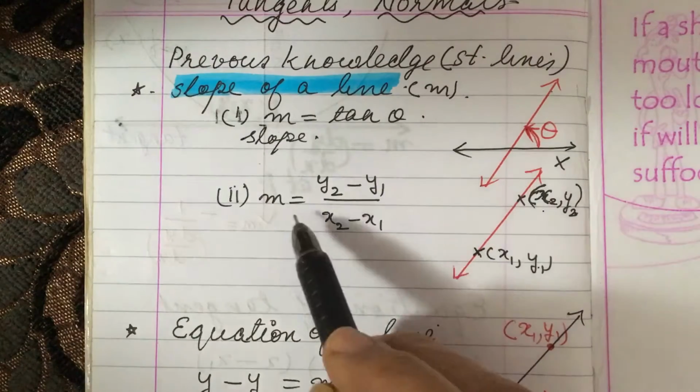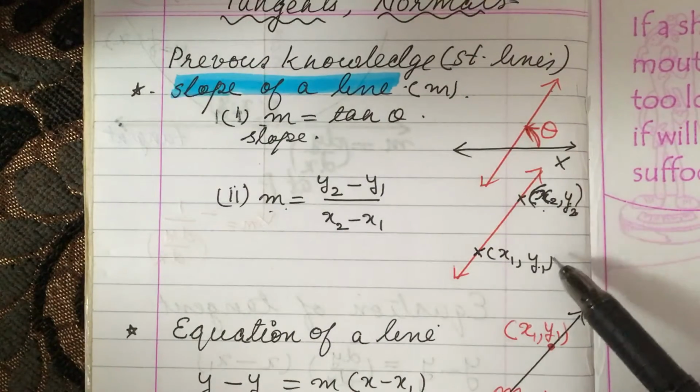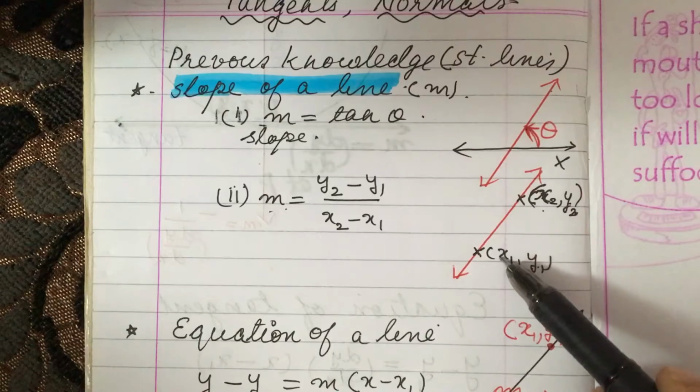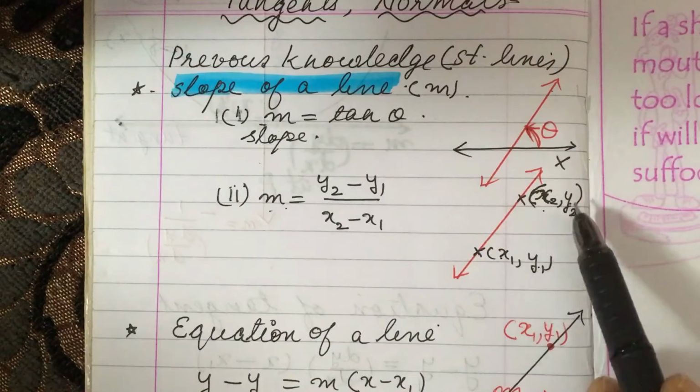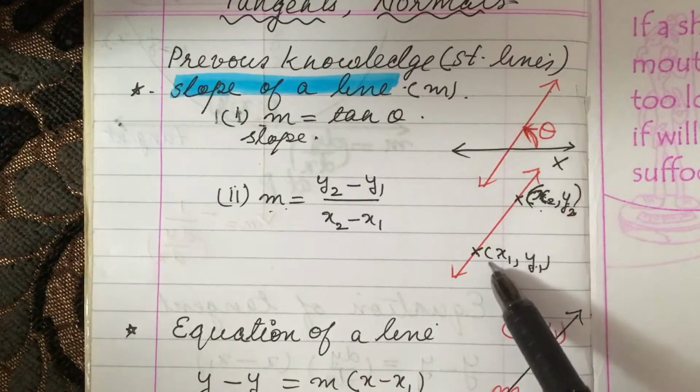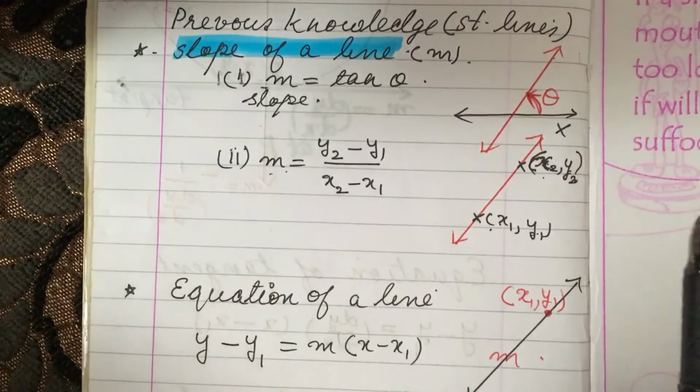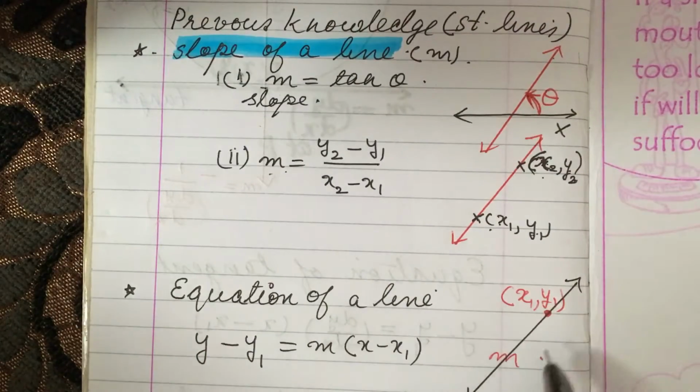Then slope equals difference in y coordinates by difference in x coordinates, or it is (y2 minus y1) by (x2 minus x1).